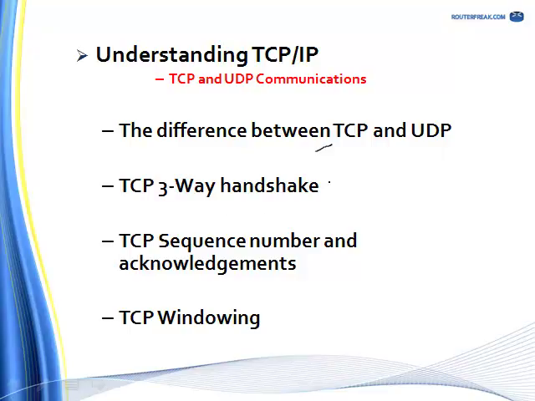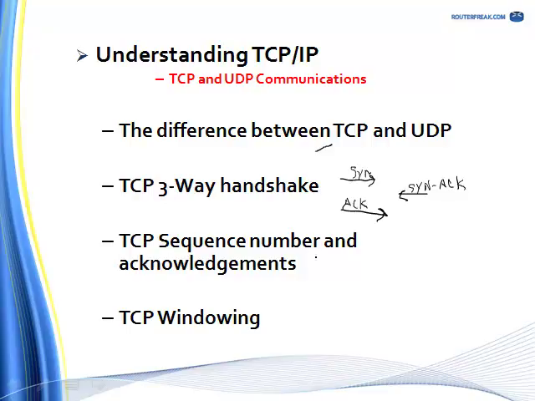The TCP three-way handshake we discussed, and what is that? That's where we have a SYN, SYN-ACK, right? And then finally, the third part of the three-way handshake is an ACK.